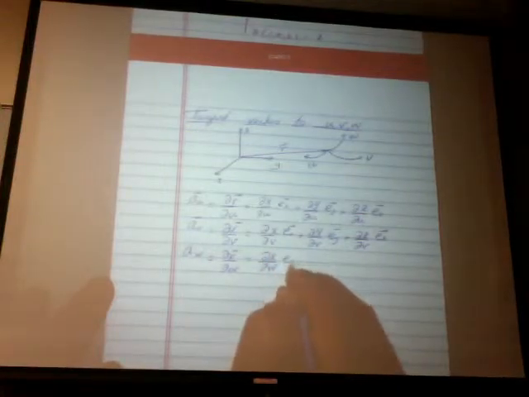This will be dx dw in the x direction plus dy dw in the y direction plus dz dw in the z direction.